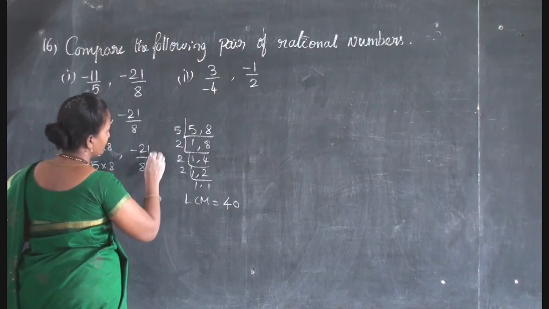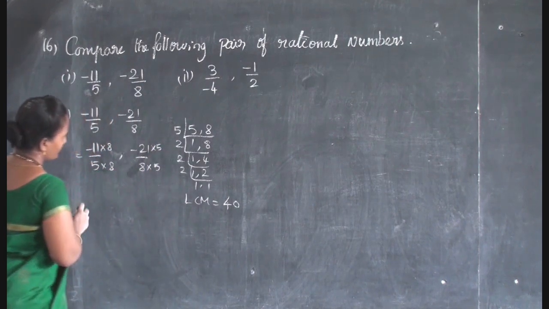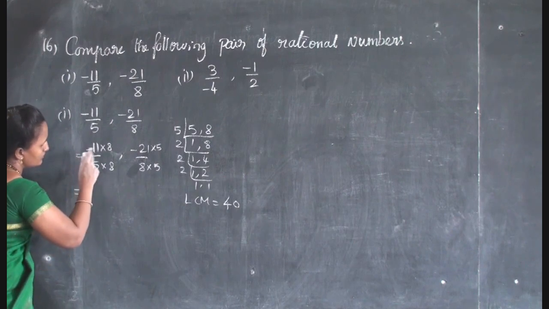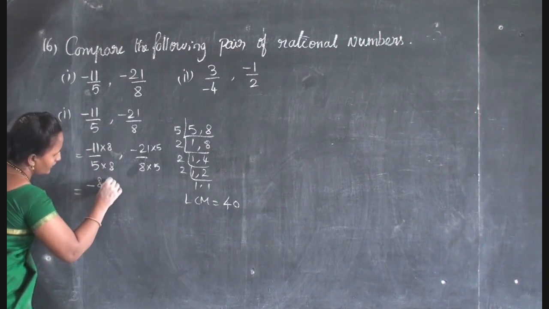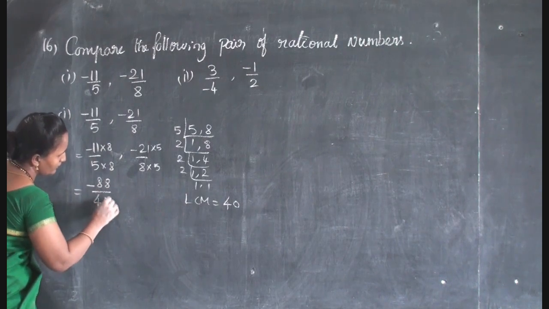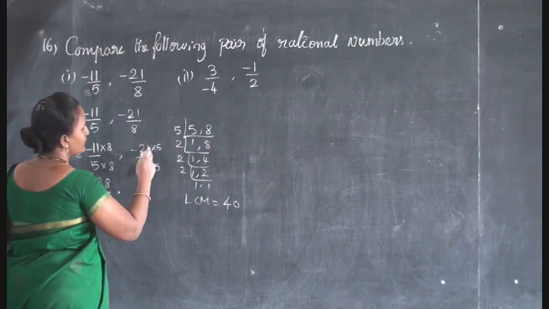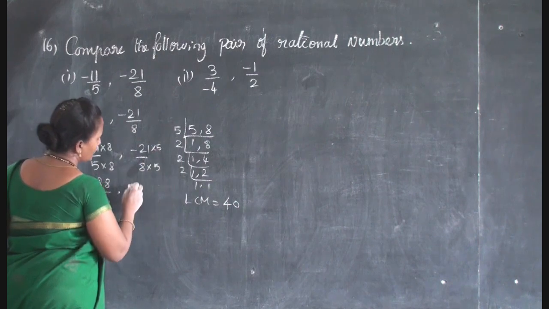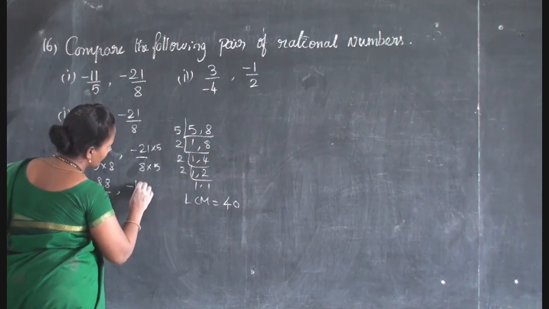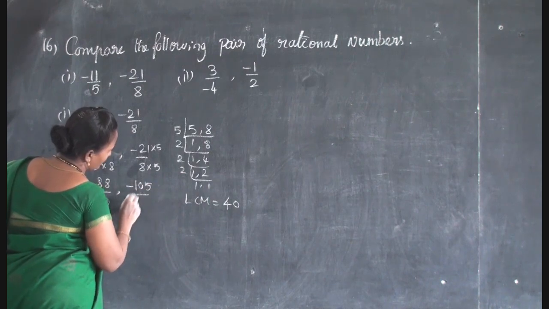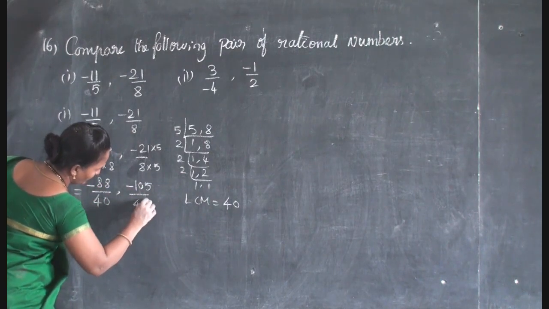Here multiply by 5, here also multiply by 5. So minus 11 8s are 88 divided by 40, comma, minus 21 into 5, 105, minus 105 divided by 40.